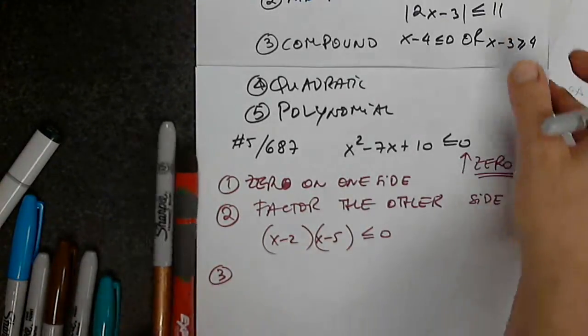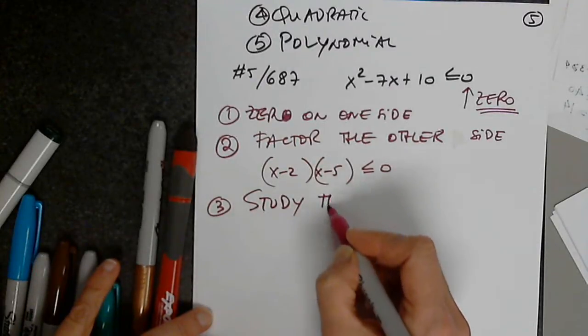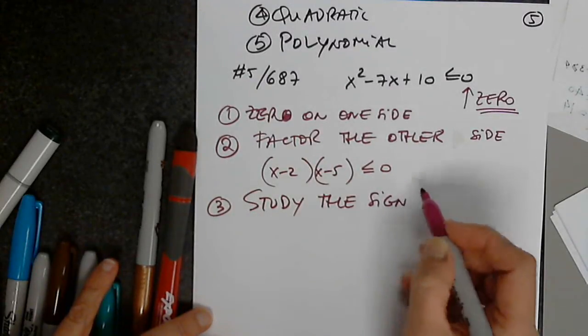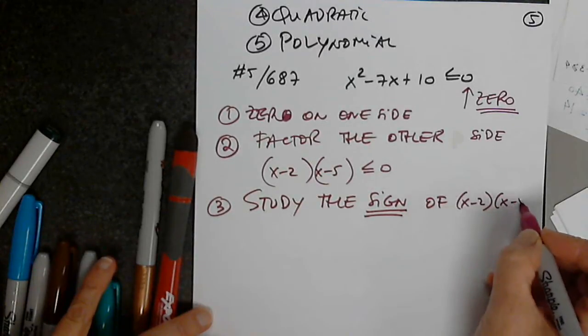Excellent. In step 3, I will study the sign of x minus 2 times x minus 5.